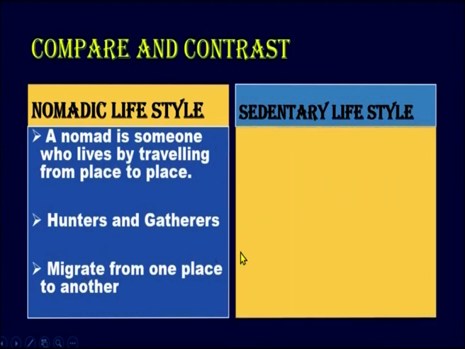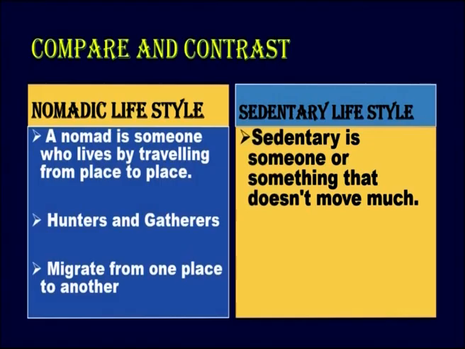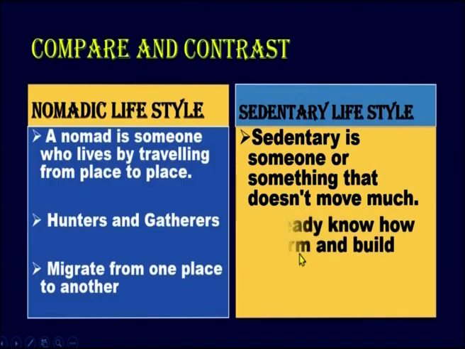Next is sedentary lifestyle. Sedentary means what? Settling in one place. Sedentary is someone or something that doesn't move much. Already they know how to farm and build. So sedentary lifestyle means what?